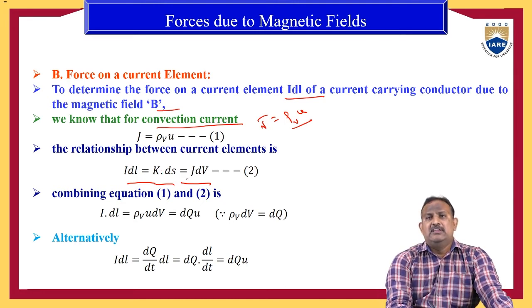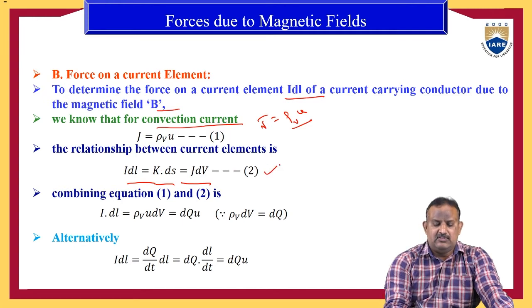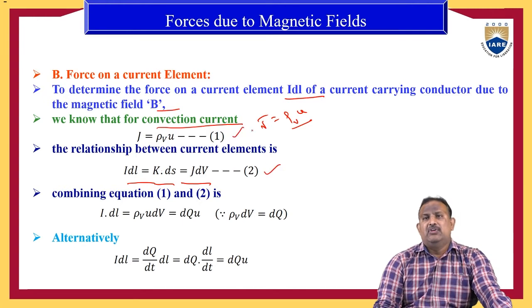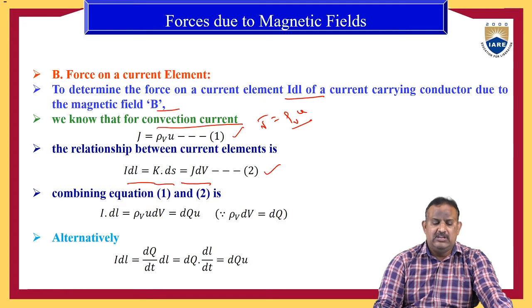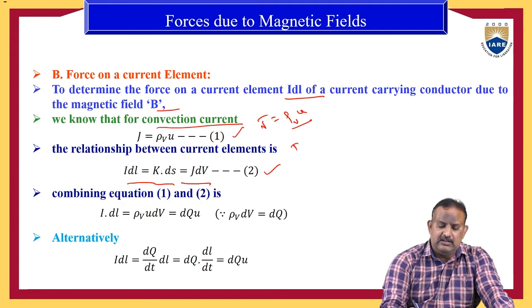If we combine equation 1 with equation 3, we can write I dl is equal to J dV.